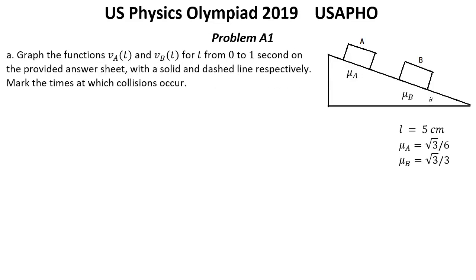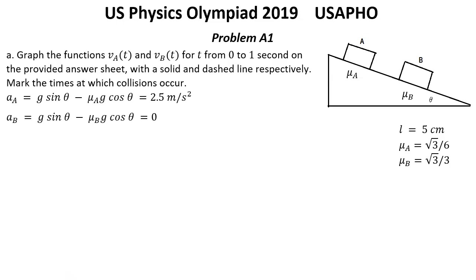Solution for problem A1. Question A. Graph the functions VA and VB for t from 0 to 1 second on the provided answer sheet with the solid and dashed line respectively. Mark the times at which collisions occur. First, draw a free body diagram for both blocks, and we can find that the acceleration of A points down along the incline.